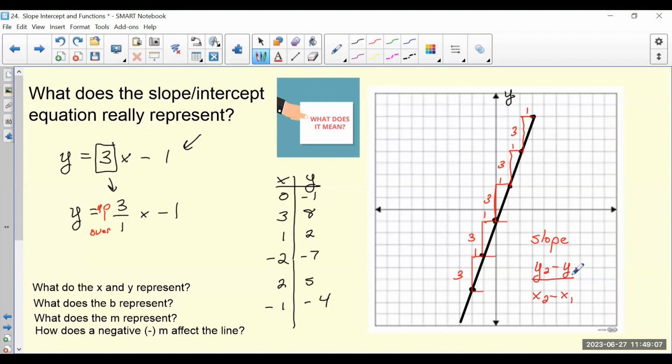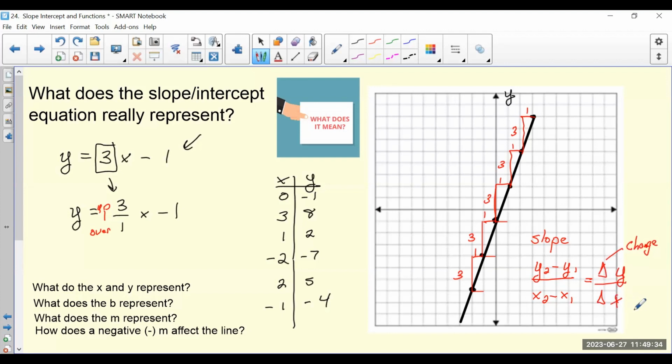Now that is a very fancy way of saying the change in your y over the change in your x. So I like to write this as, I put a triangle, change in y, so that stands for the word change. Change in y over the change in x.